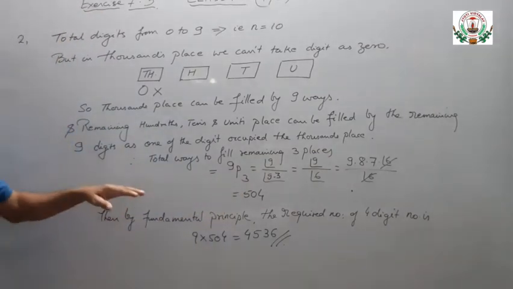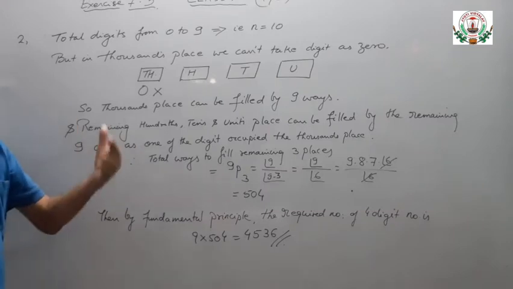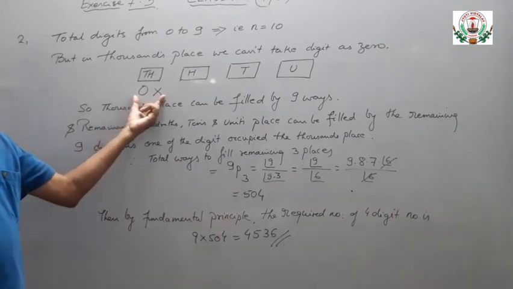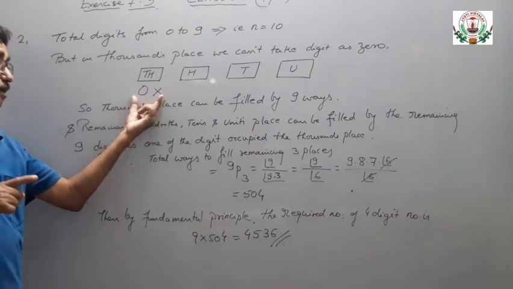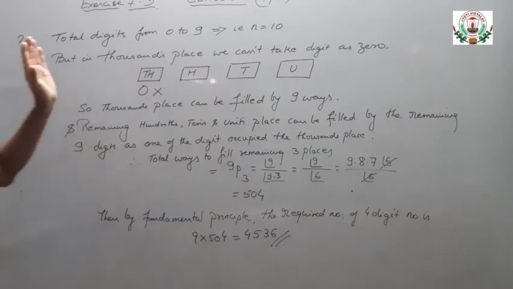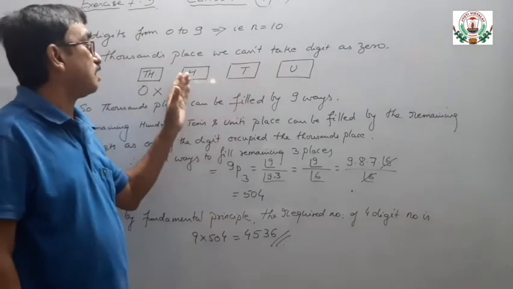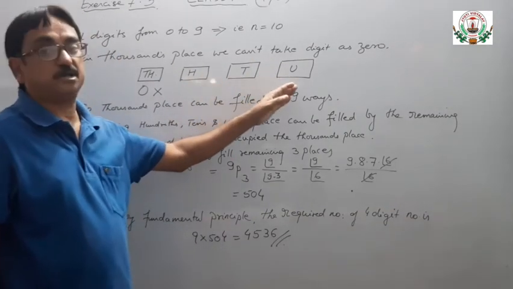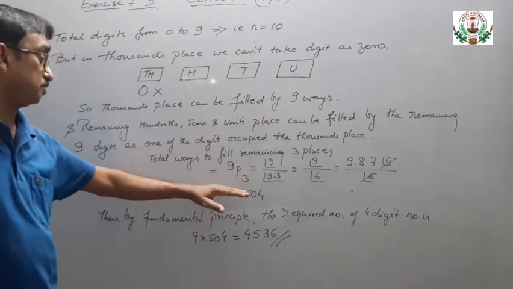Then by the fundamental principle, the first work we have done is filling up the 1000 place by excluding 0, by 9 ways. And the second work we have done is filling the remaining 3 places, hundreds, tens and unit place, by 9P3 ways.